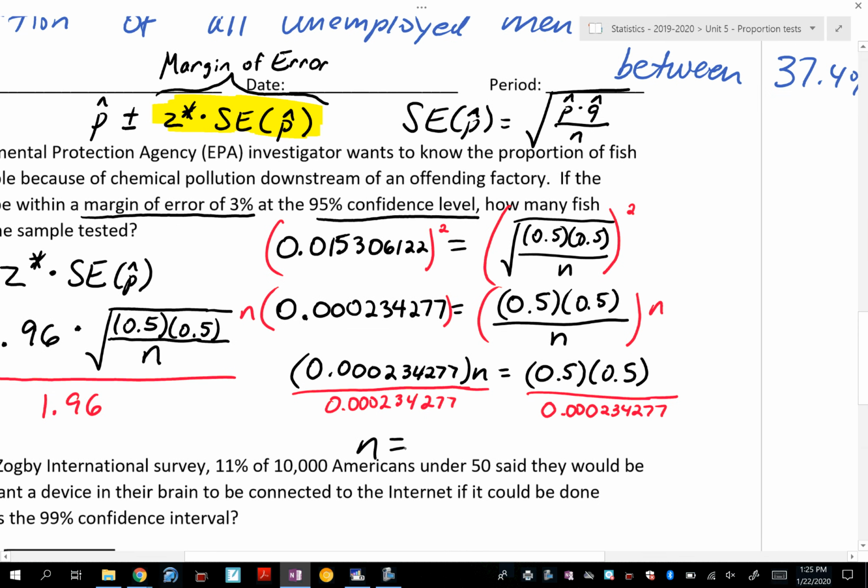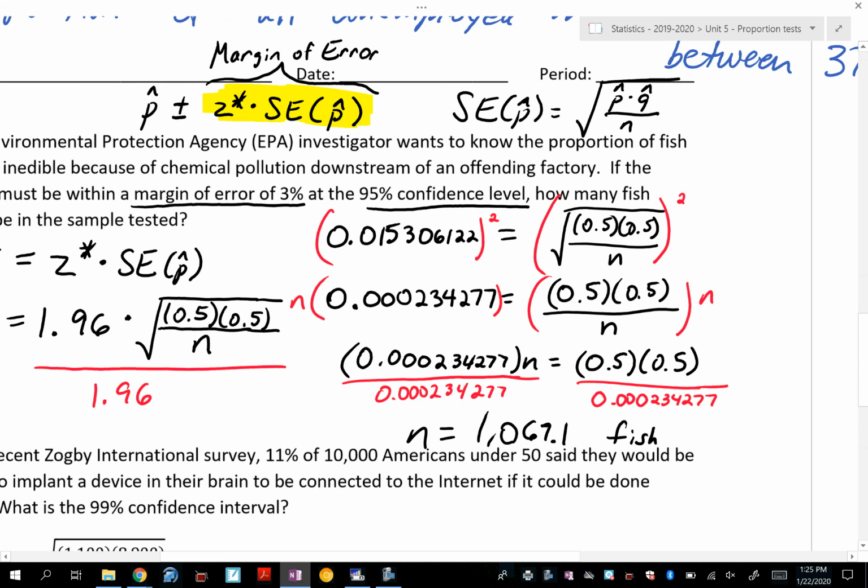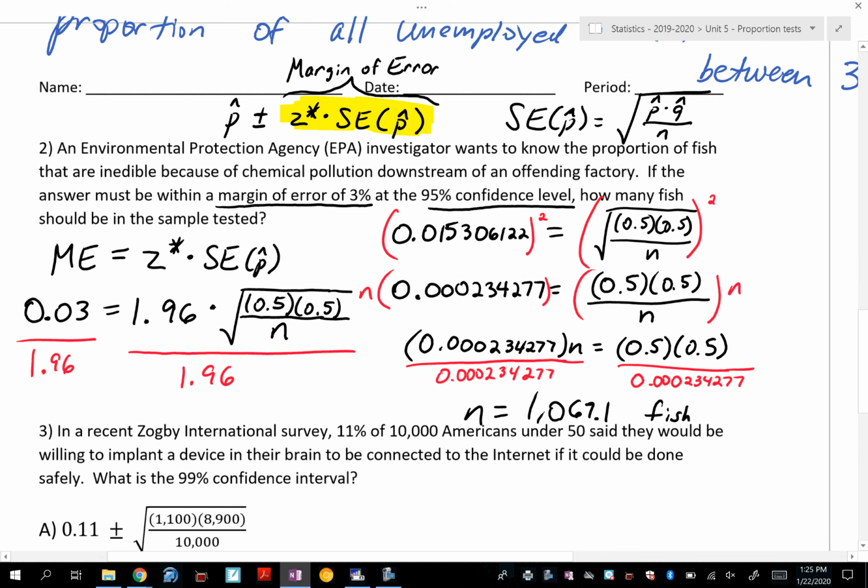So n equals 1,067.1 fish. Now, whenever you do all of this work, no matter what your decimal says, this decimal says 0.1. So if I was rounding according to rules that you learn in elementary school, I would round to 1,067.